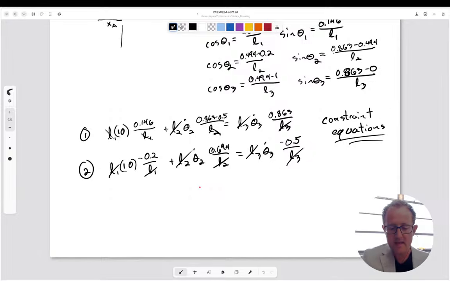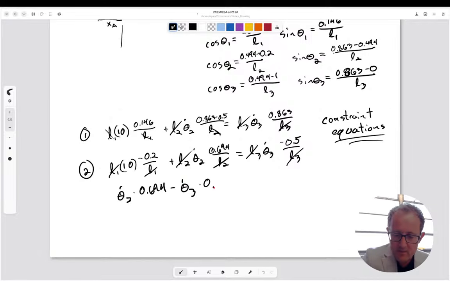So I like to take everything that I don't know, plug it into the left-hand side. So I am going to say theta 2 dot times 0.694 minus theta 3 dot times 0.863 equals everything that I do know, 1.46, because I took that 10, multiplied it through. And then theta 2 dot times, oh, I messed that up.